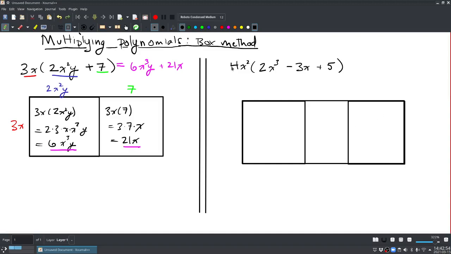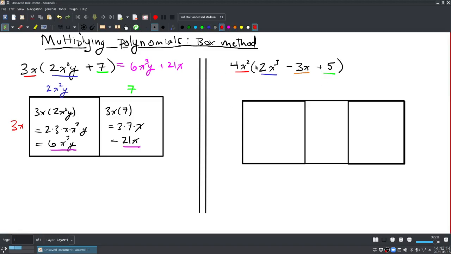All right, so let's label our lengths and widths again. So we've got 4x squared this time, and we're going to have 2x cubed, negative 3x I should say, and plus 5.